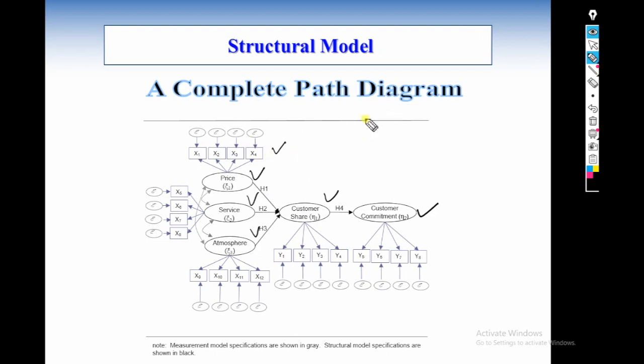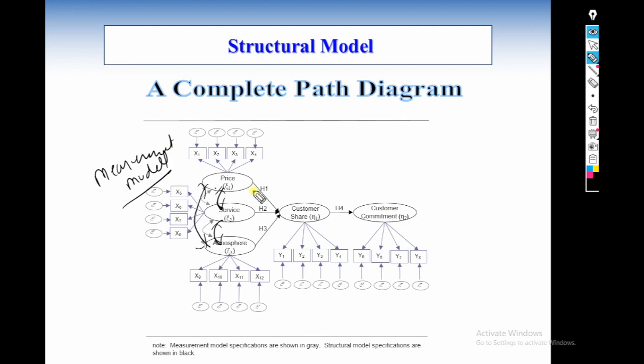So it is a complete structural model, and here there are two things. One is when we find the covariance among the constructs, like price with service, price with atmosphere, service with atmosphere. That is the measurement model, or confirmatory model.